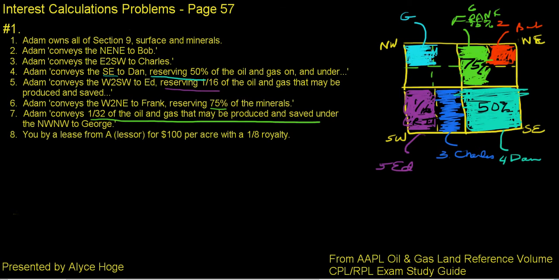So actually, George is only getting a 1/32 interest. Okay, so this really still belongs to Adam, but with this 1/32 reduced. Okay, northwest to George.